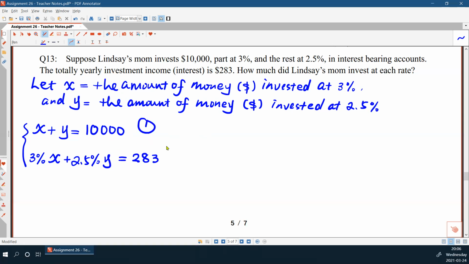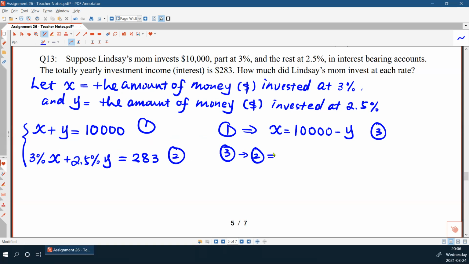Let's say this is number one and this is number two. From number one, we can get X is actually 10,000 minus Y. Let's say this is number three. And then we can put 3 into equation 2. This will give us 0.03 times X, which is 10,000 minus Y, plus 0.025Y equals 283, right?